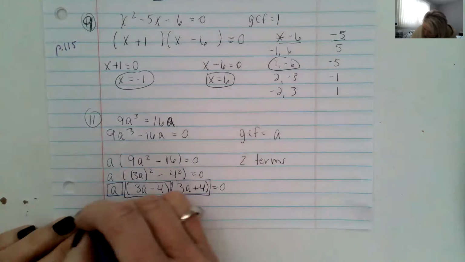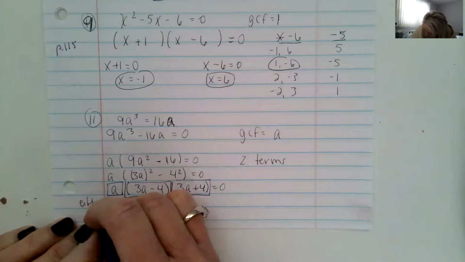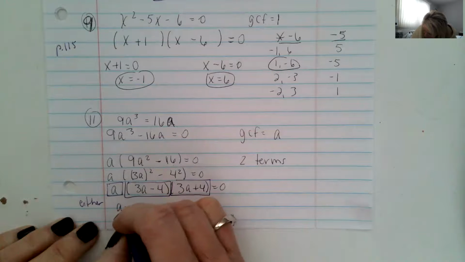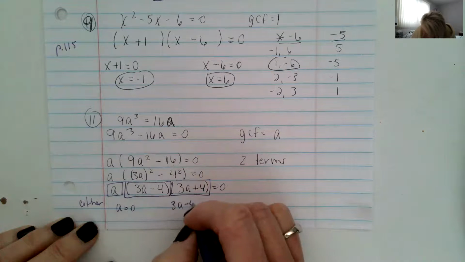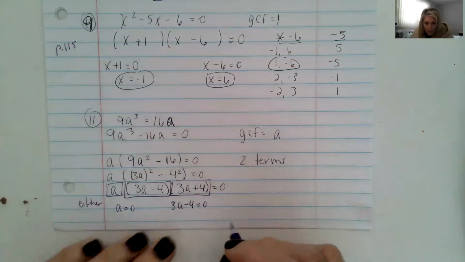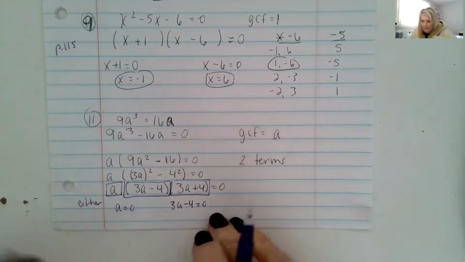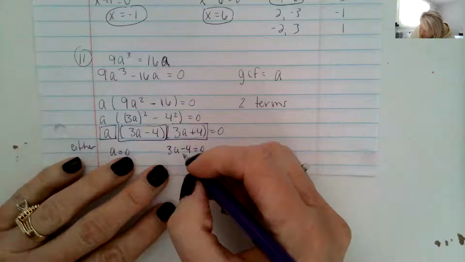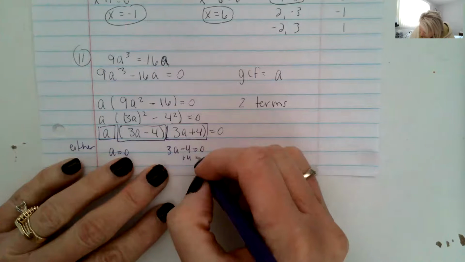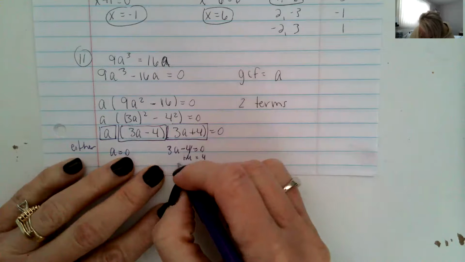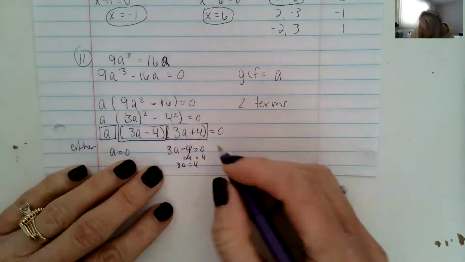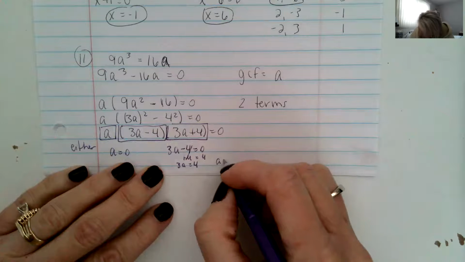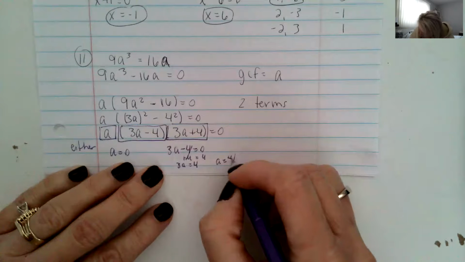So either a equals 0, or 3a minus 4 equals 0. And by adding 4 and dividing by 3, a equals 4/3.